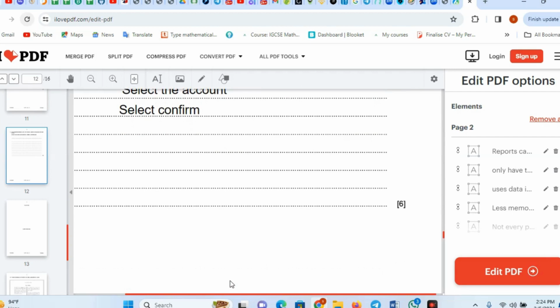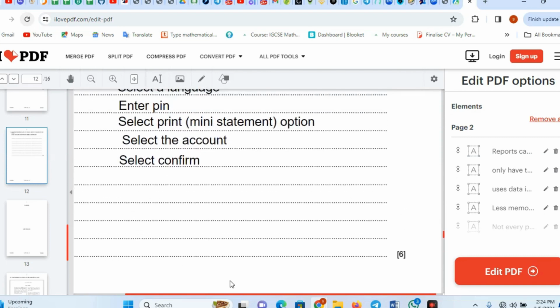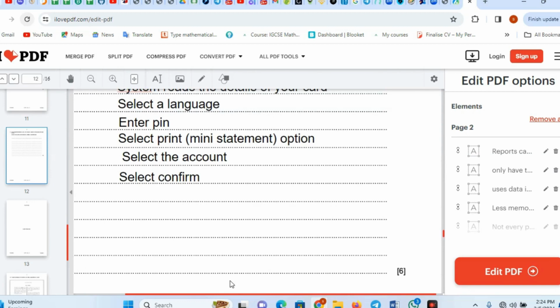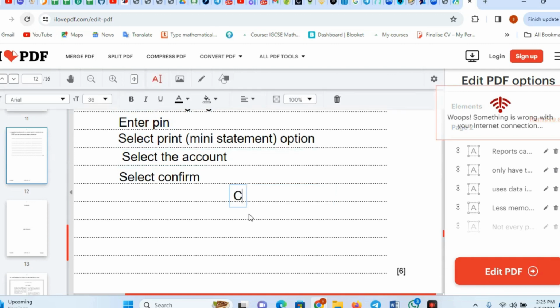So the processing stage involves, it checks the card. If it is correct, let's put it like that: checks card validity. Then it checks whether the account number is correct or not.